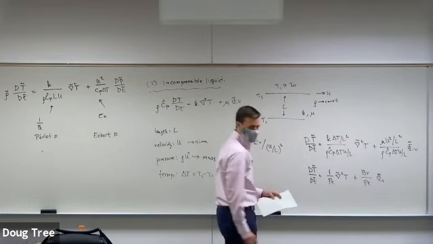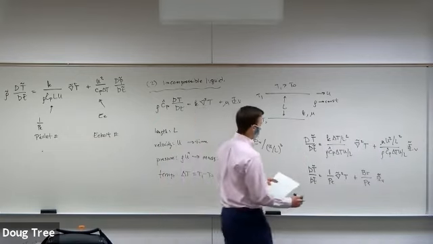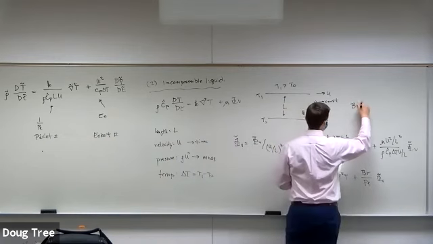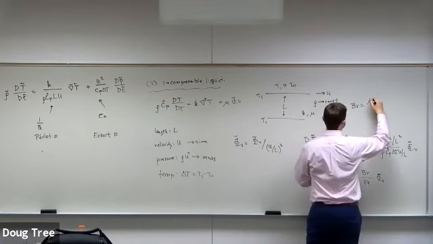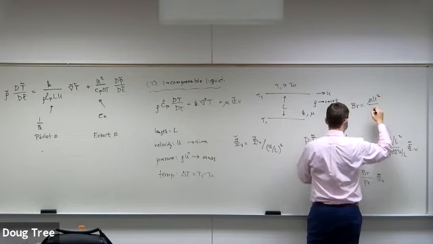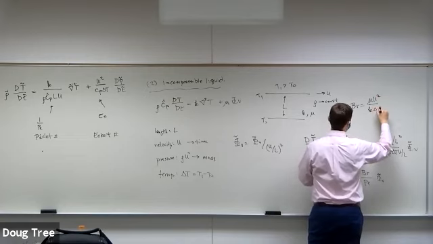Okay, so we had the Peclet number before, so I need to define the Brinkman number. So I'm going to write the Brinkman number up here. Brinkman is mu u squared divided by k delta T.